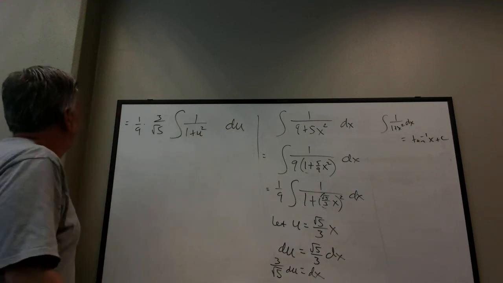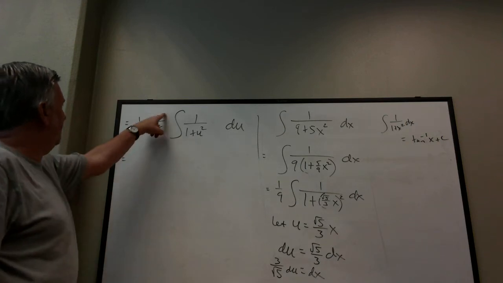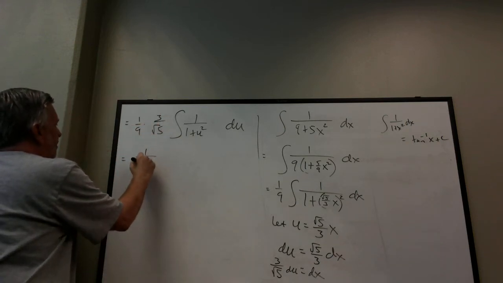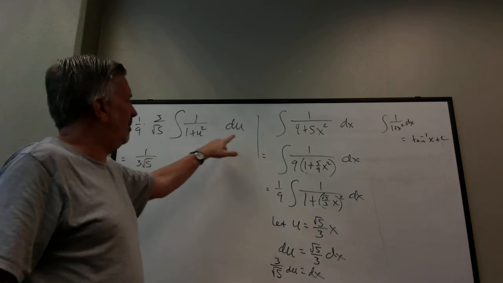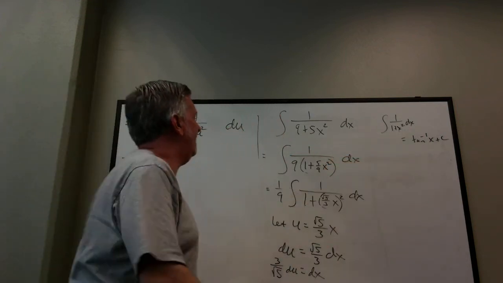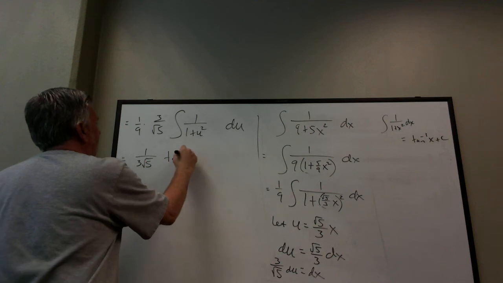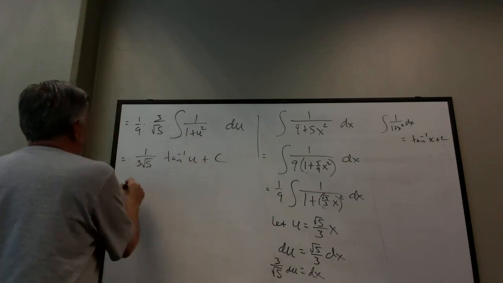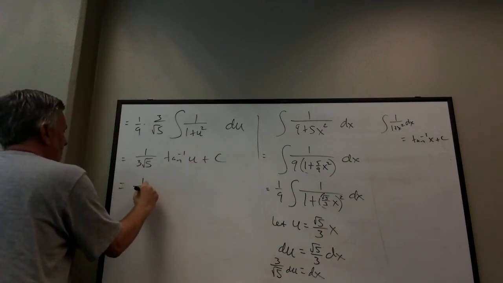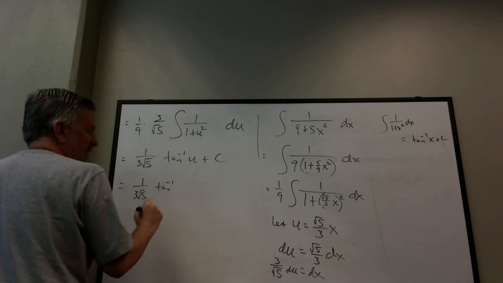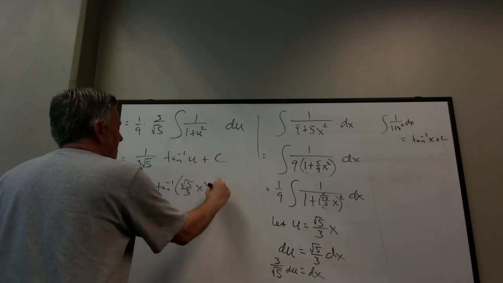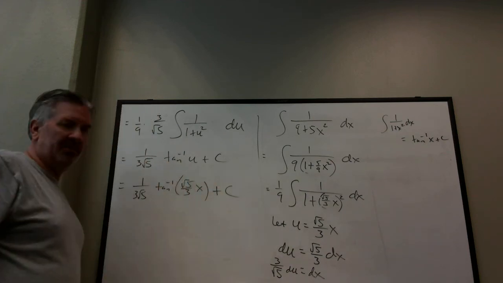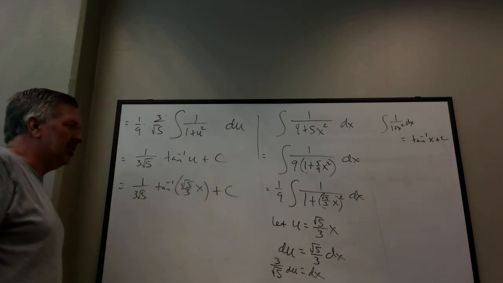And now we're ready to rock and roll. 3 cancels on the 9, so I get 1 over 3 root 5. And then the integral of 1 over 1 plus u squared du is arctan of u. And then you back substitute. And u was square root of 5 over 3 x, plus c. And there we go.